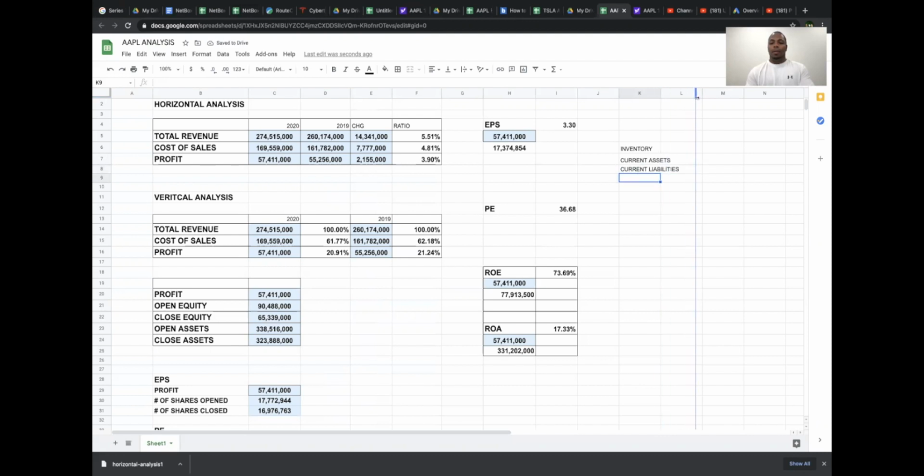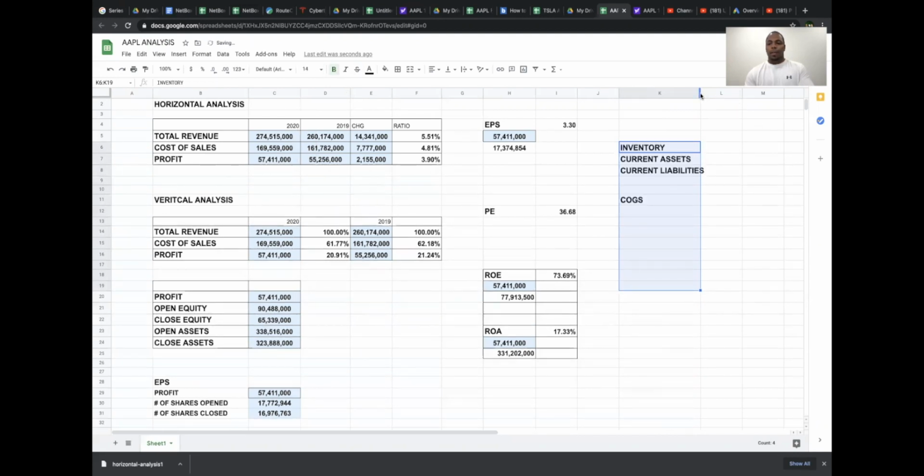Space that a little bit bigger, right? I also want you to type in cost of goods sold. I need you to type in all three of these things. We're going to go over what this all means. So make it bold and big like we do everything.